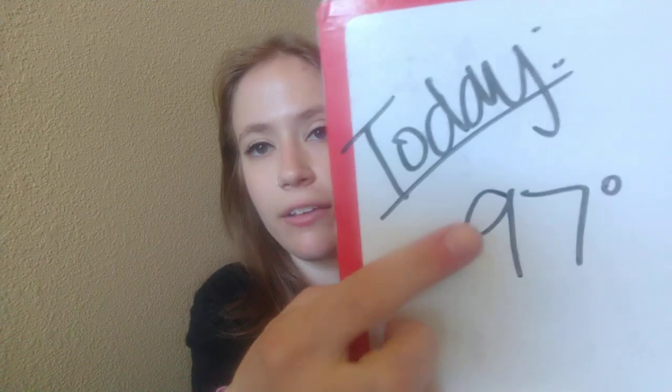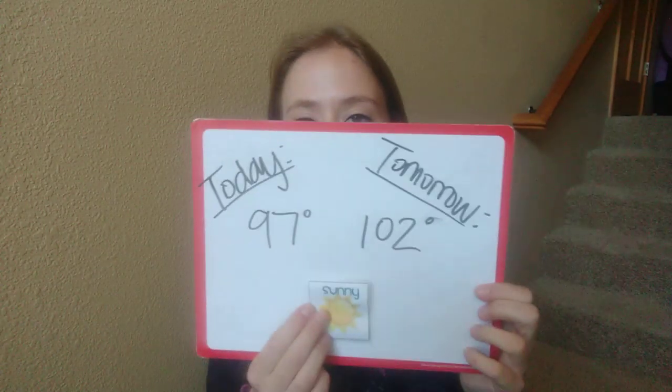So here we go. Today, a high of 97 degrees and sunny. And then tomorrow, a high of 102 and also sunny. So we are in for some warm, well, not warm, hot weather.